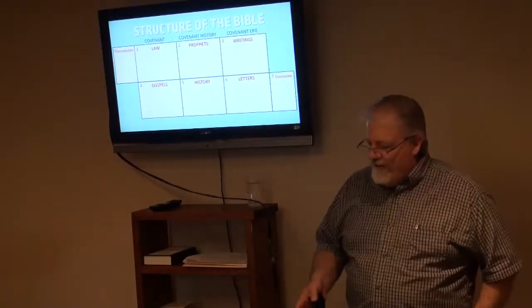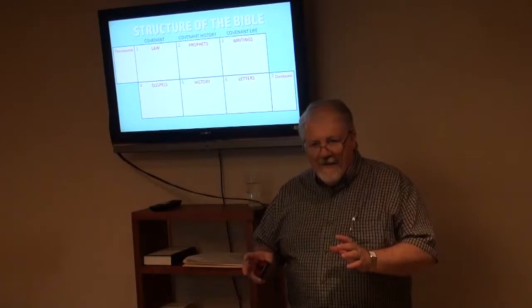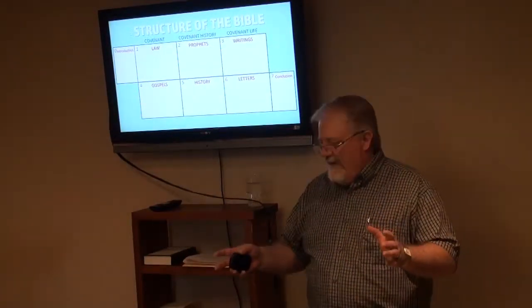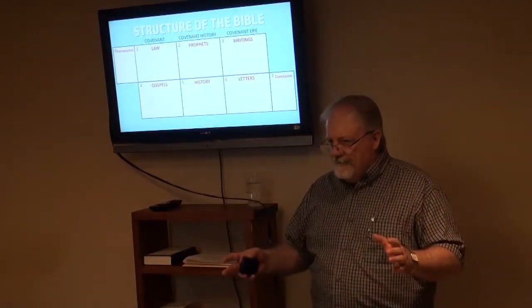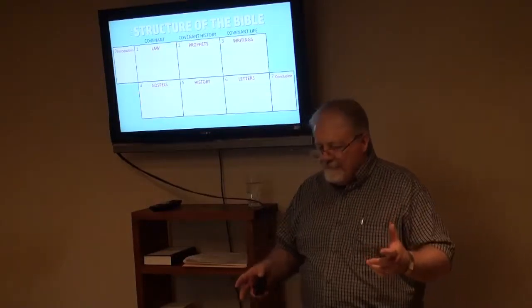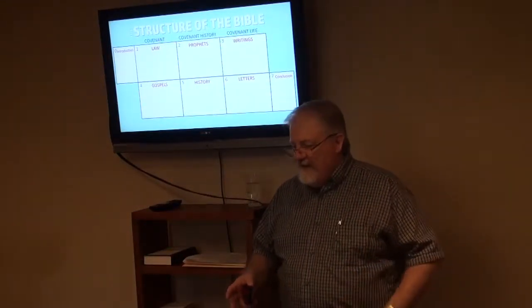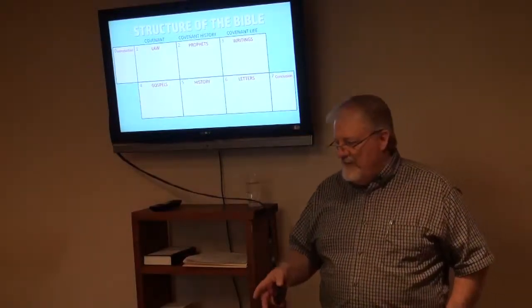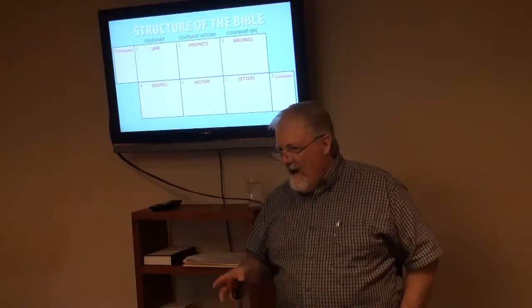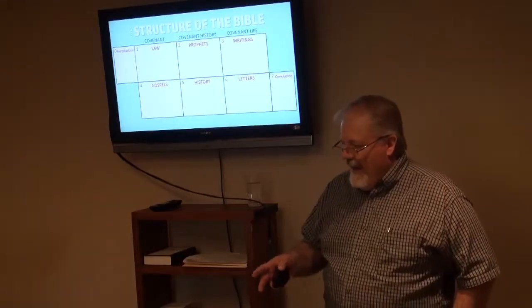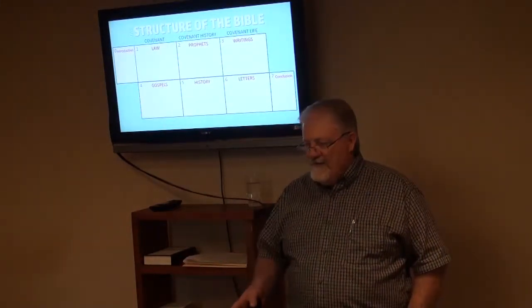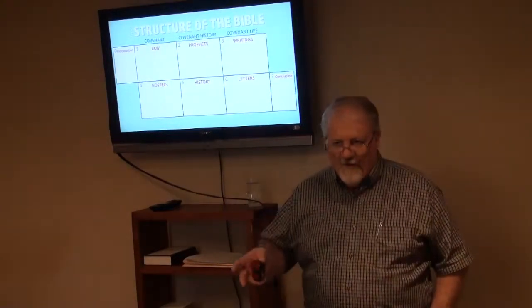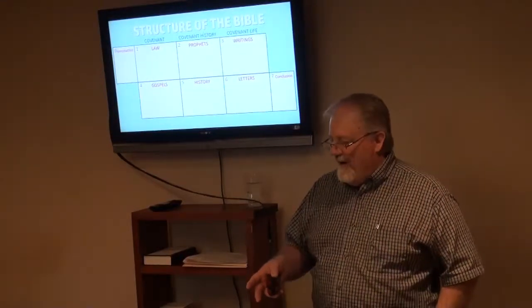And what we're going to see is that not only does it follow the 3-4 pattern with an introduction, but also that the law, box 1, and the Gospels, box 4, are parallel to each other. And the same as New Testament history and Old Testament history, or the prophets, is parallel.